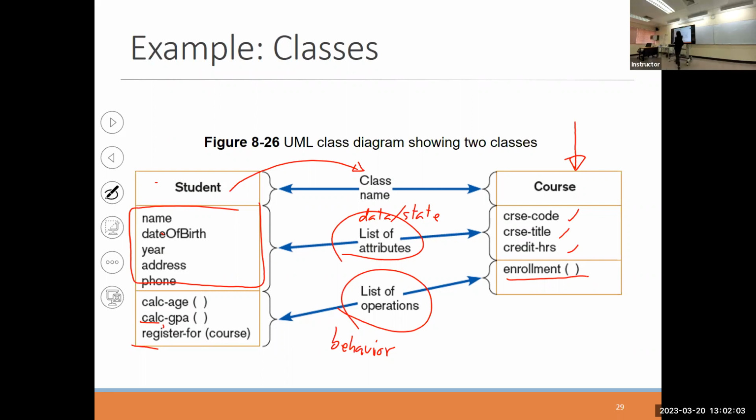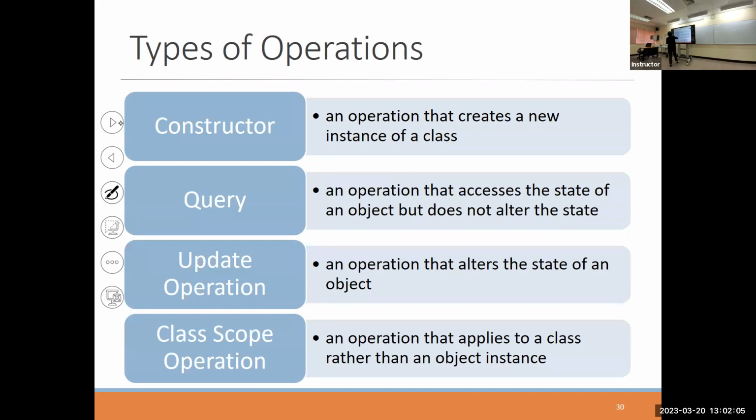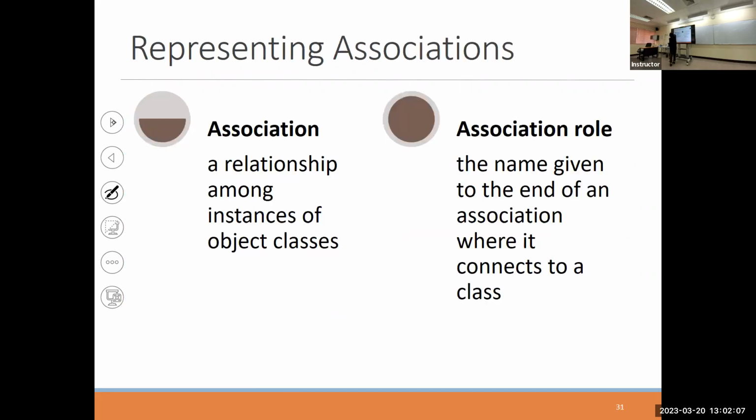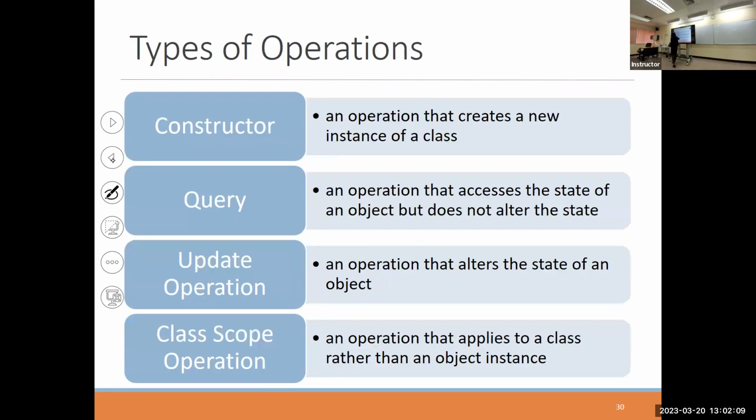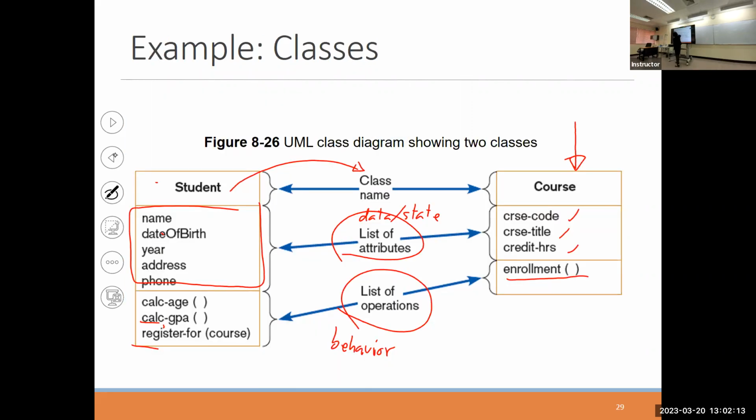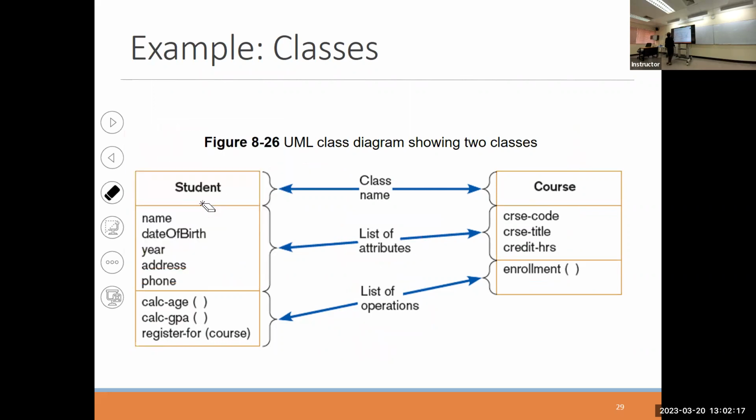Okay, I've finished here. When we talk about this part, look at this example, student. The operations are something like calculate age, calculate GPA, register for a course.